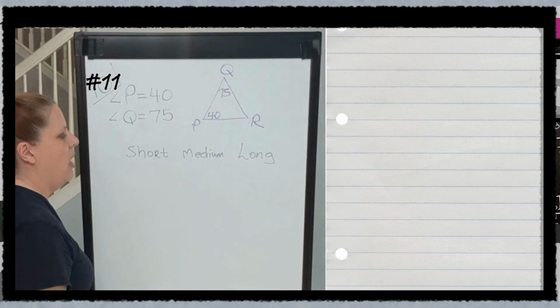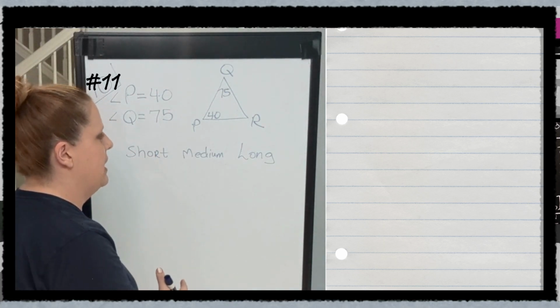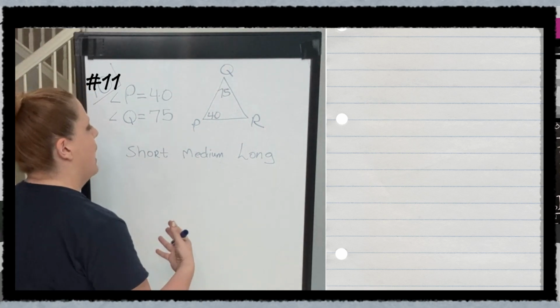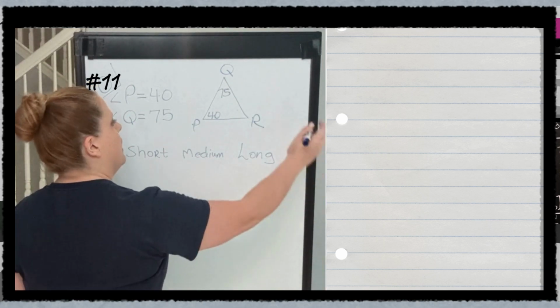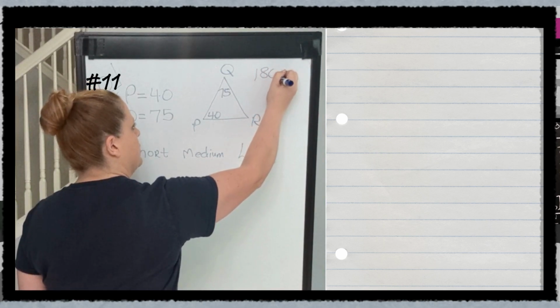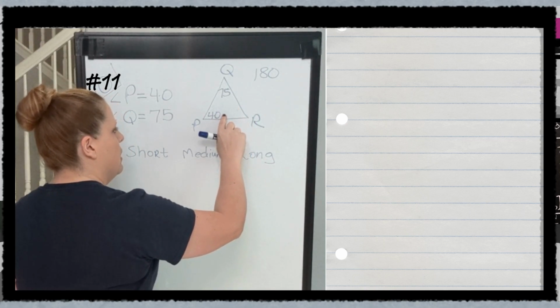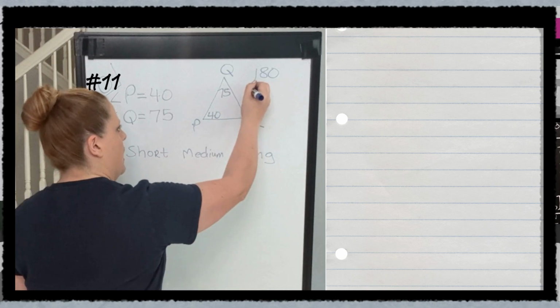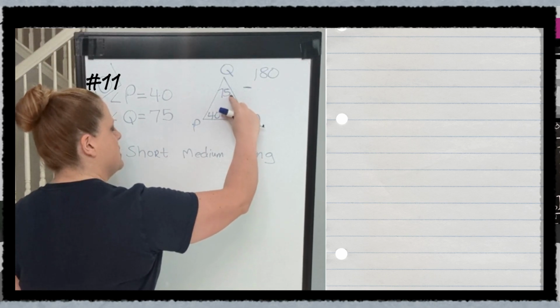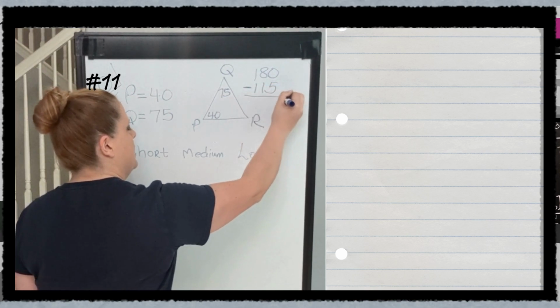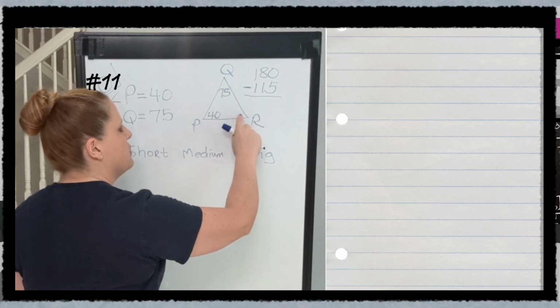Obviously not to scale, but it helps us visualize what this triangle actually looks like. Now, we all know a triangle has 180 degrees total. So I'm going to subtract 75 and 40 from 180. Okay. I'm going to add them first, then subtract it. So that's going to be 115. That's going to give us our measurement for R.